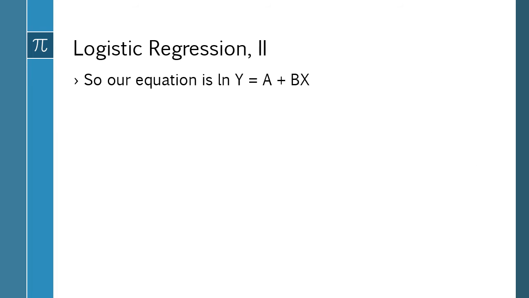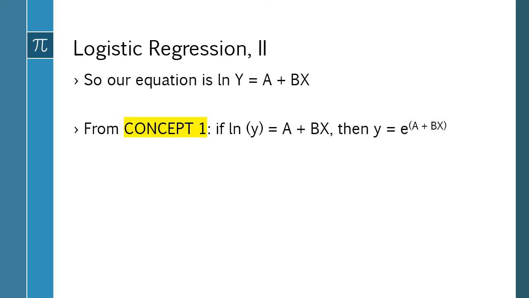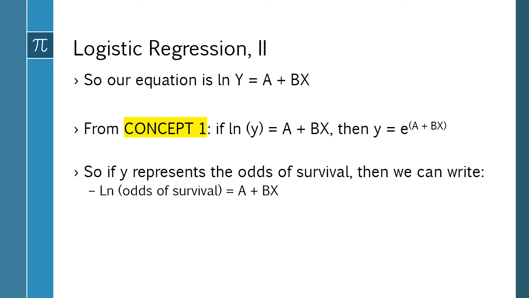So now our equation is ln y equals a plus bx. From concept 1 again, if ln y equals a plus bx, then it follows that y equals e raised to the power a plus bx. So if y represents the odds of survival, we can write ln odds of survival equals a plus bx.